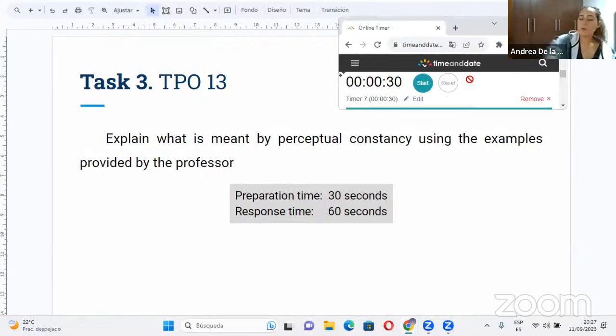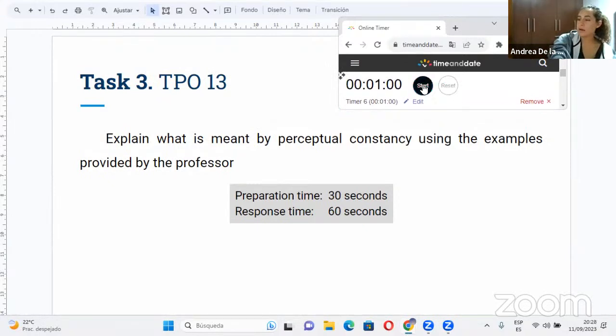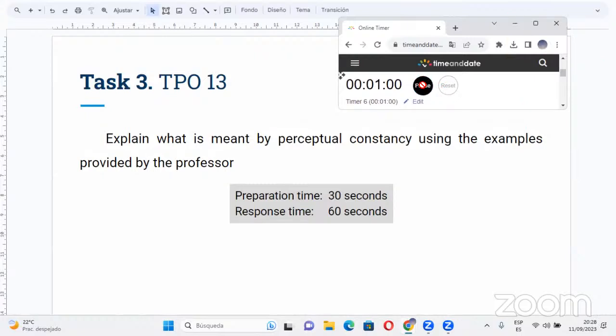Okay, so Natalia, please, you may start speaking now. According to the passage, perceptual constancy is defined as the perception that the perception of the objects depends on the external conditions like distance and angle. In the lecture, the professor gives the example of a plate in a kitchen.